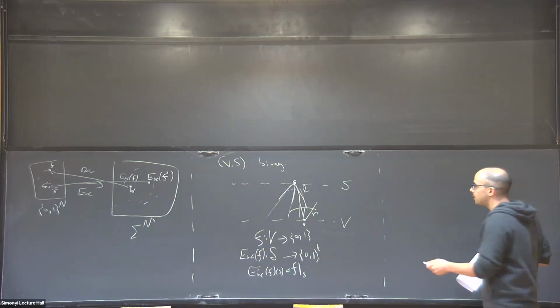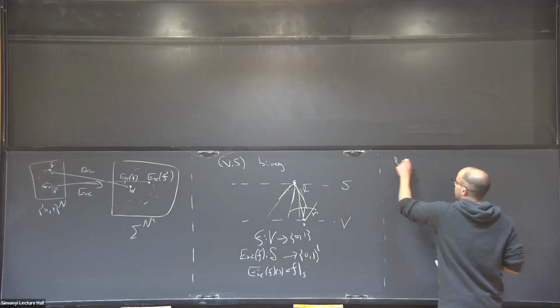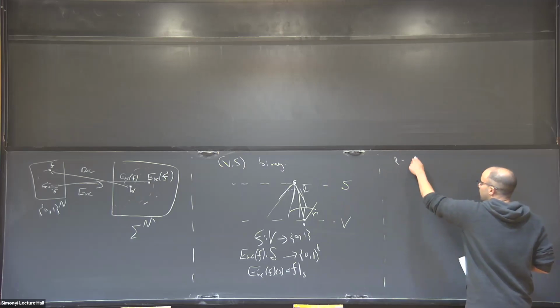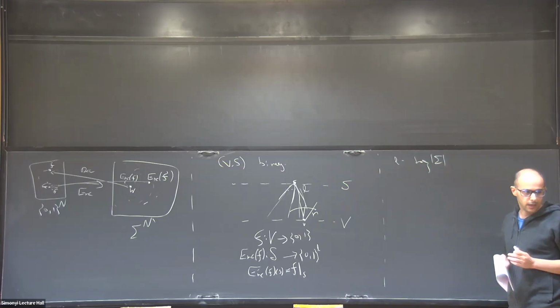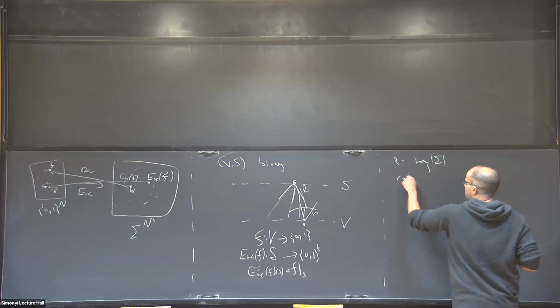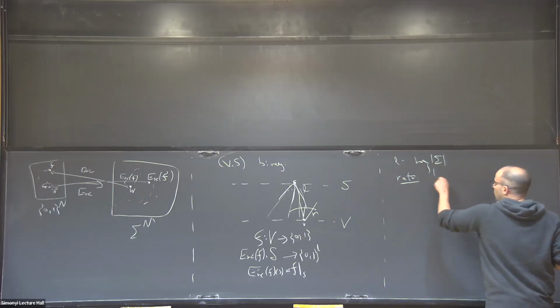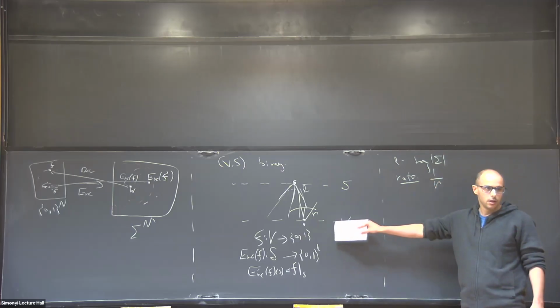Right, so of course, the regularity of the S's here is like the log alphabet size or alphabet length. I also claim that the rate of this code is just 1 over the degree of every vertex here.